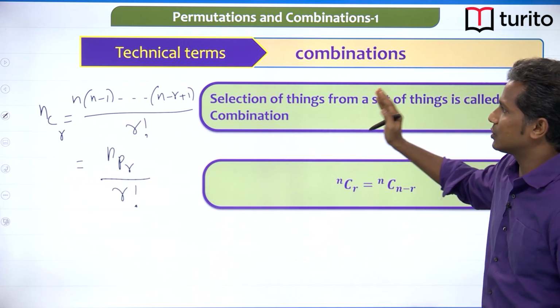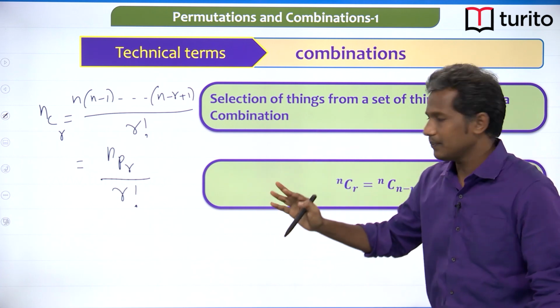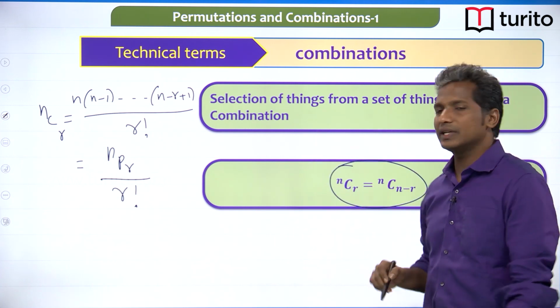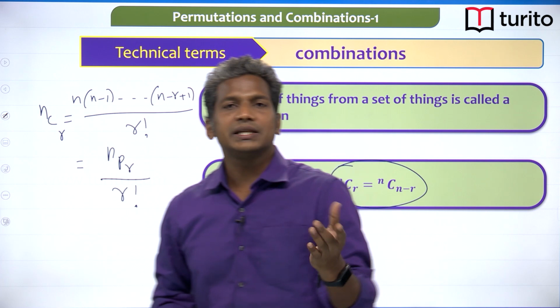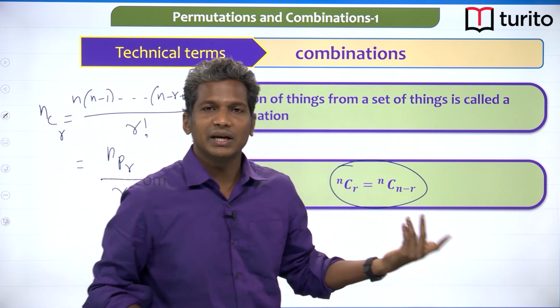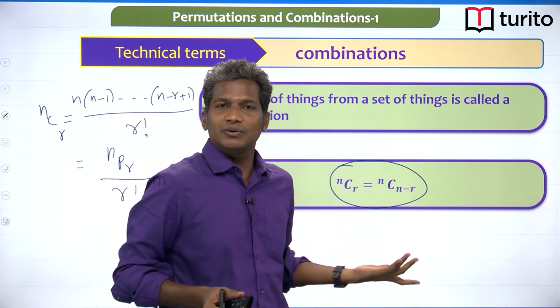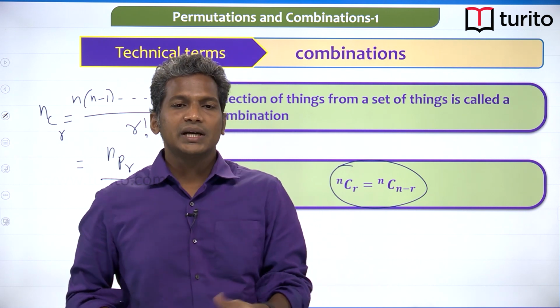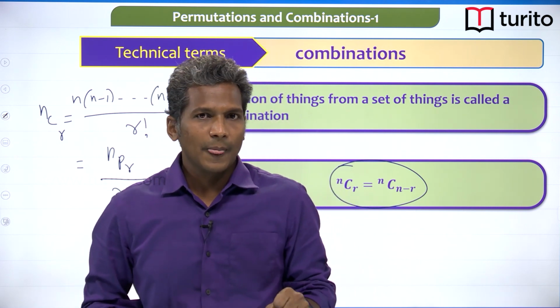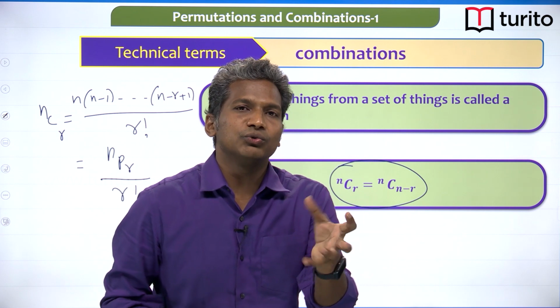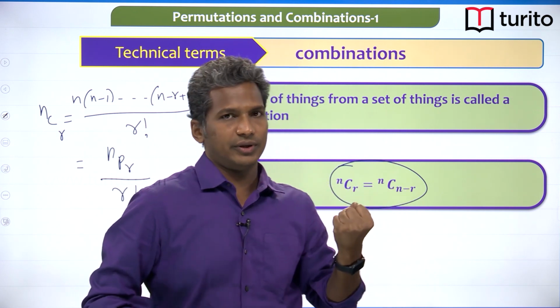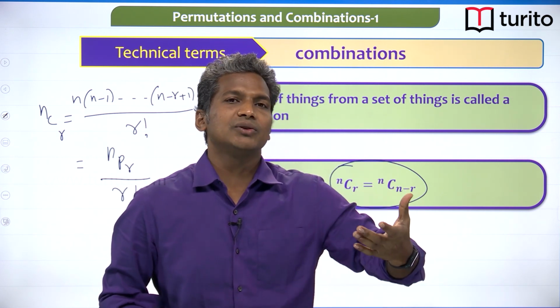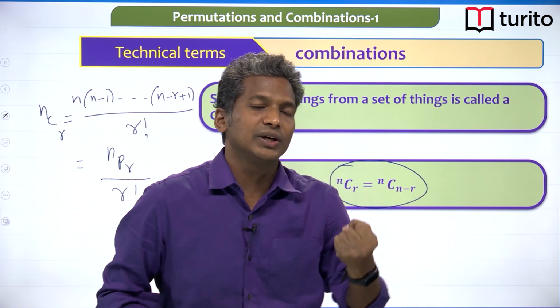Now that we have understood the main idea of the NCR, we can understand a property of NCR. NCR is equal to always NC n minus R. Now what is the meaning of this? The meaning is simple. Let us say there are n people here. From these n people you wanted to select only R out of them. So in how many ways you can do that? In NCR ways you can do that.